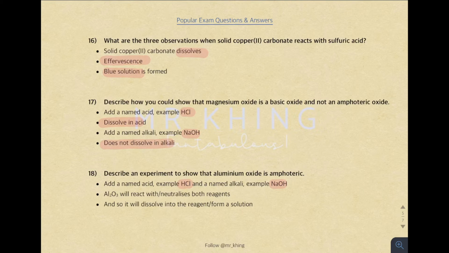You have to give examples of the acid and alkaline used, for example here, HCl and sodium hydroxide. Then if you mention aluminium oxide, it will react with both reagents, and therefore it will dissolve to form a solution in both the acid and alkaline.